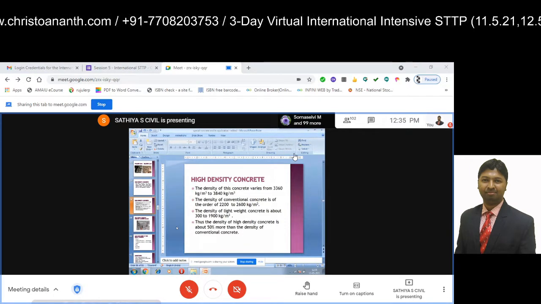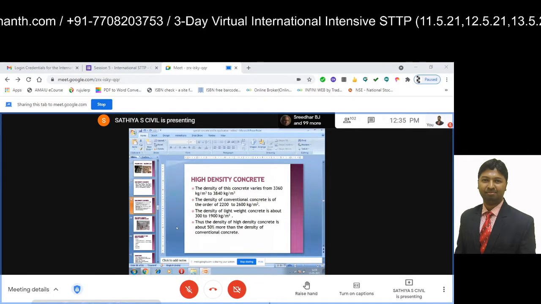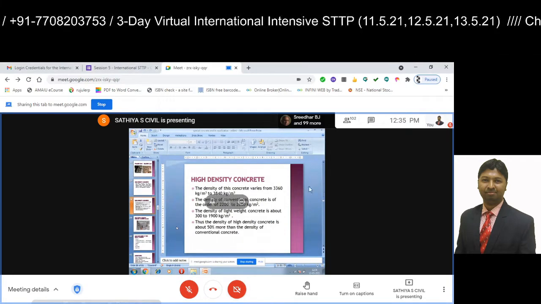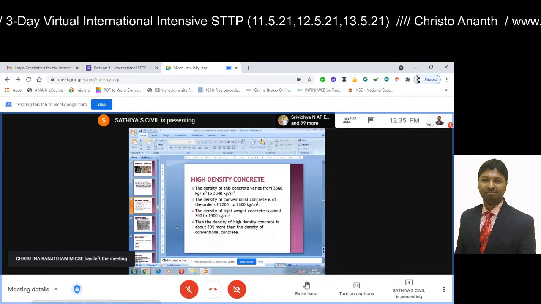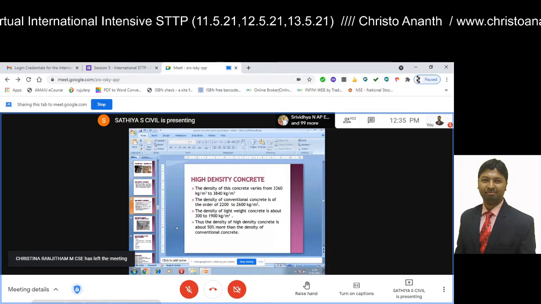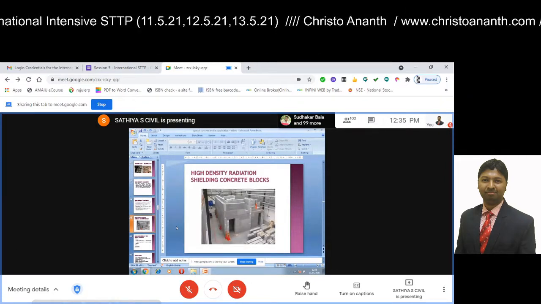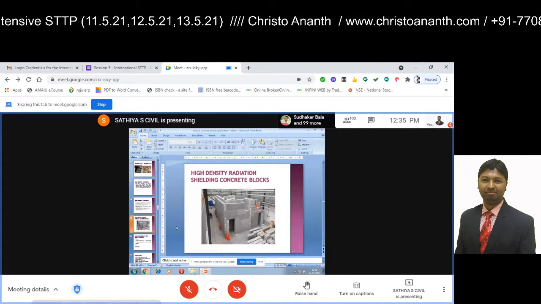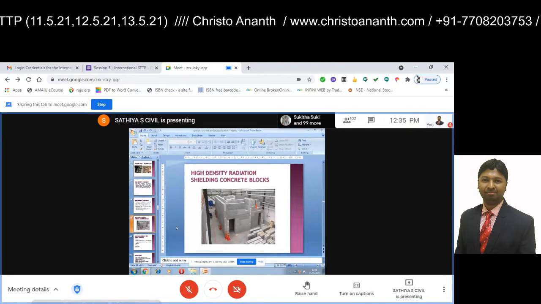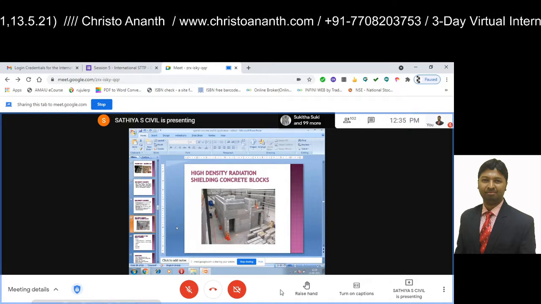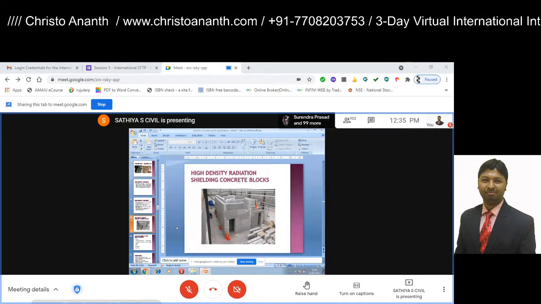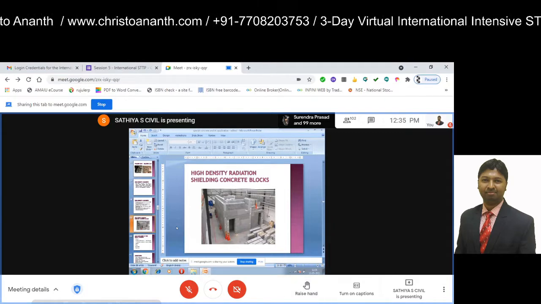The density of high density concrete is about 50% more than the density of conventional concrete. That is why it is used in radiation shielding. And this is the image of radiation shielding concrete blocks. These blocks are used for special purpose radiation shields.